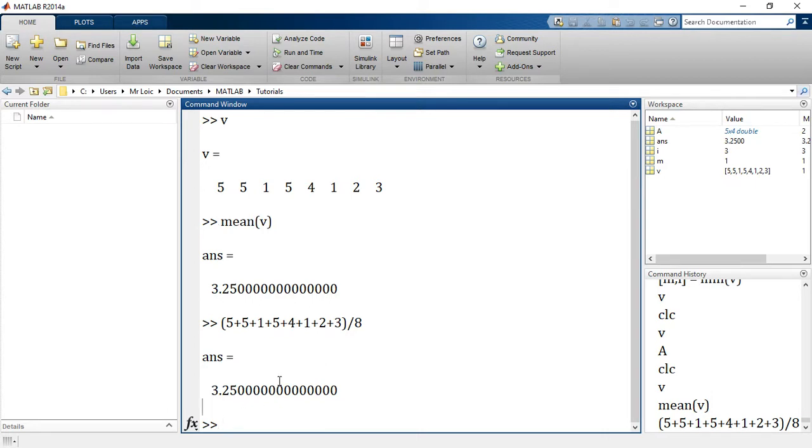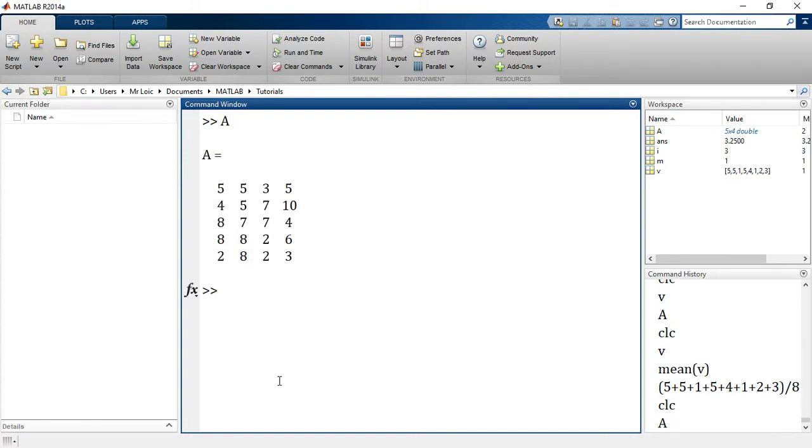And mean will function exactly like max. So what does that mean? If I apply it on our array A, it will give me the column by column average.